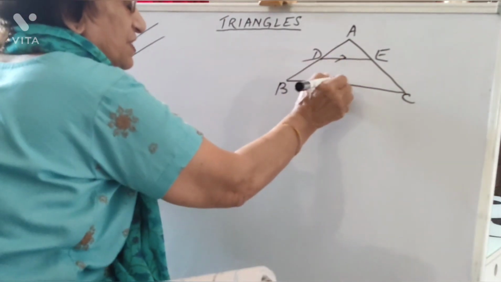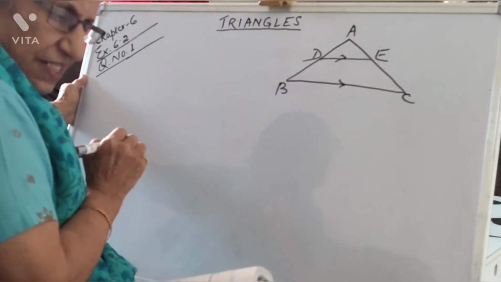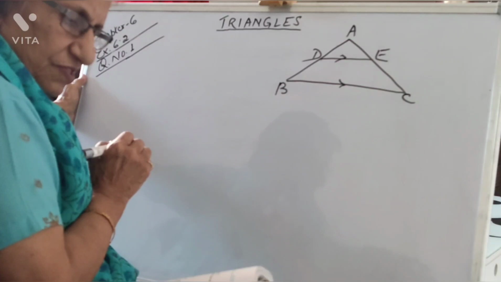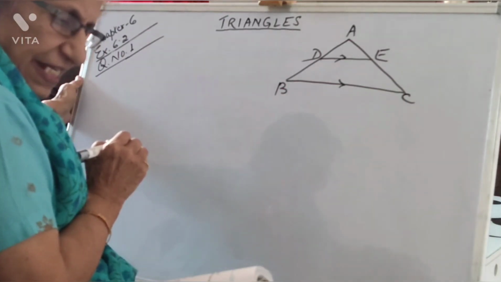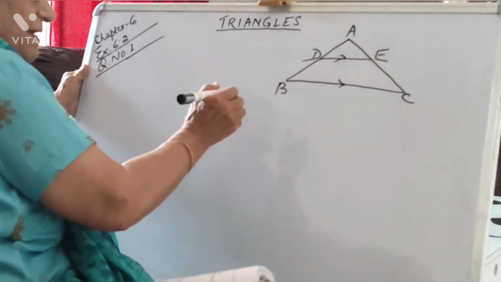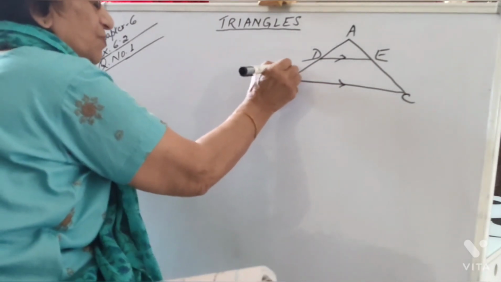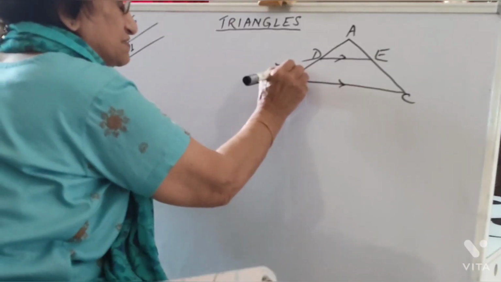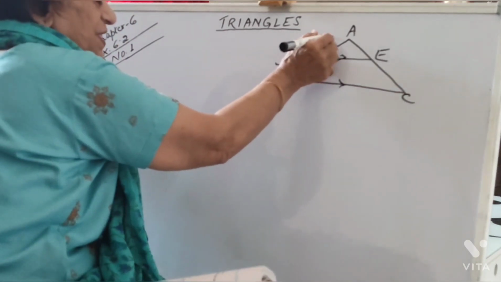So I will draw the parallel lines here. Parallel symbols shown. DE is parallel to BC. Find AD. We have to find AD. BD is 7.2 centimeter. AD we are to find.